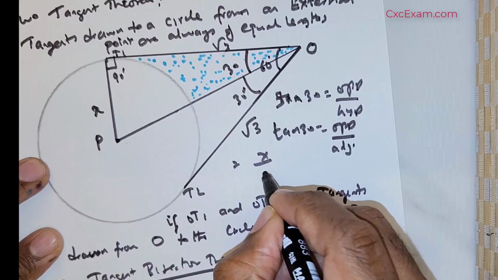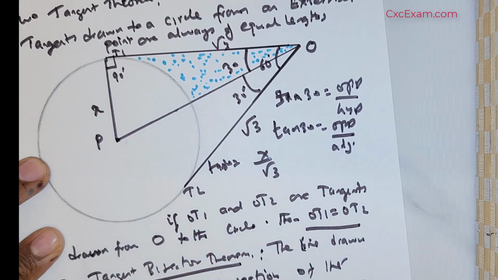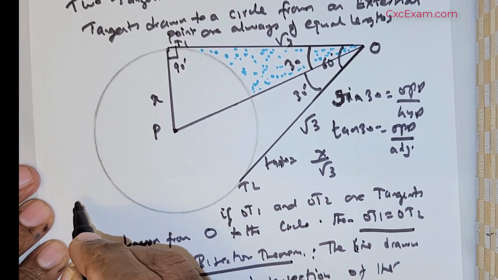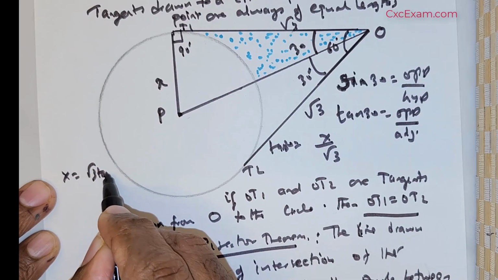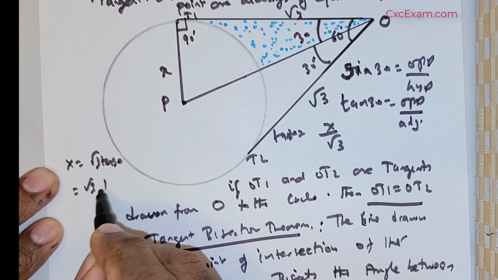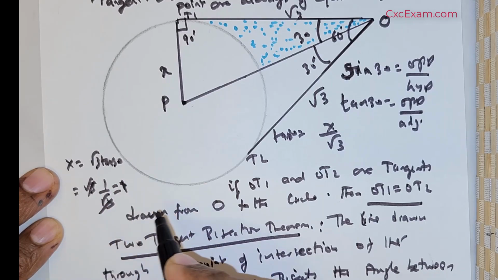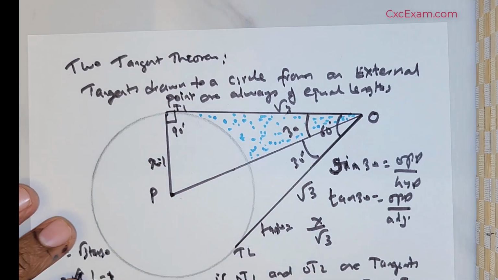So x over root 3 is equal to tan 30. So from here I can write x as root of 3 times tan 30. Tan 30 is 1 over root 3. So root 3 goes off, giving me x is equal to 1 unit.